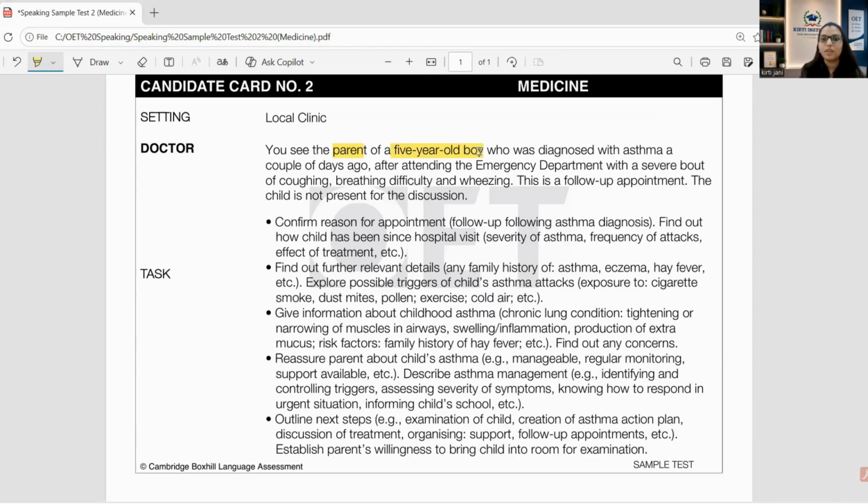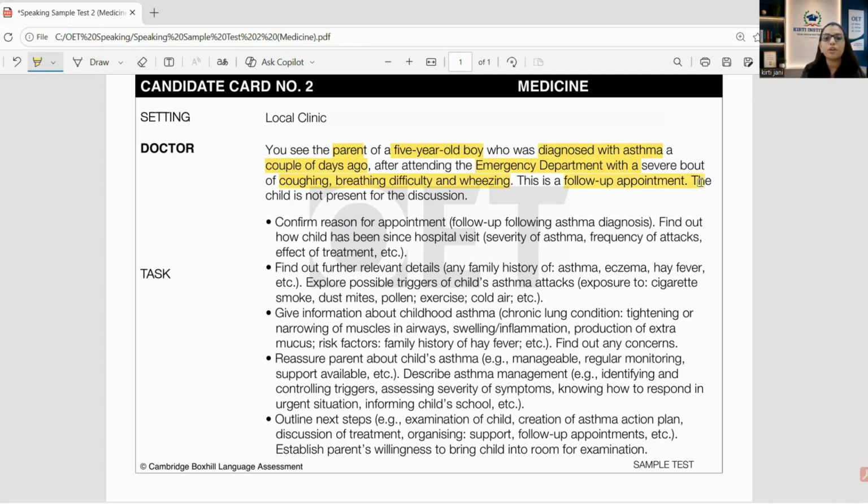Okay? Let's read further. Who was diagnosed with asthma a couple of days ago? So the son was diagnosed with asthma a couple of days ago after attending the emergency department with a severe bout of coughing, breathing difficulty, and wheezing. This is a follow-up appointment.